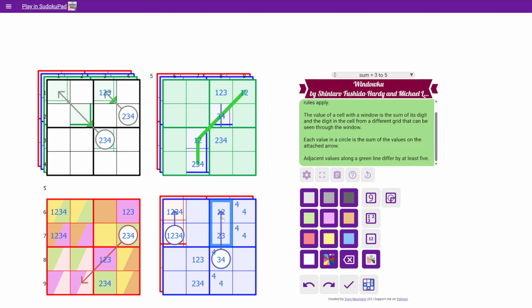Three, 1 or 2, 1. This has to be 1 either way. So 1 goes down here.